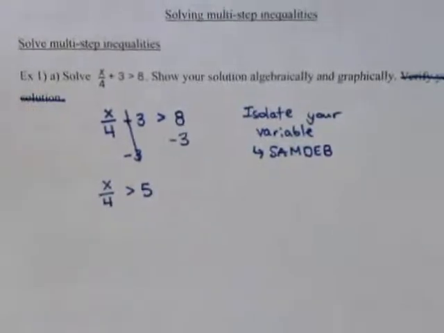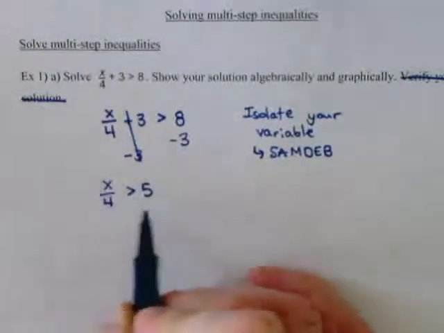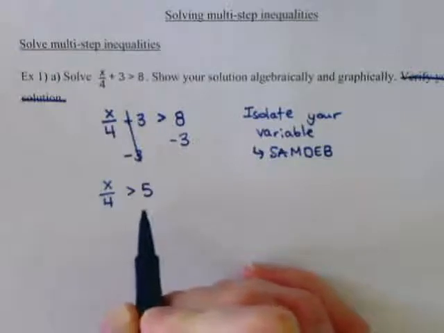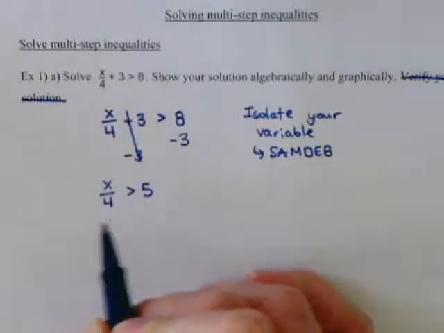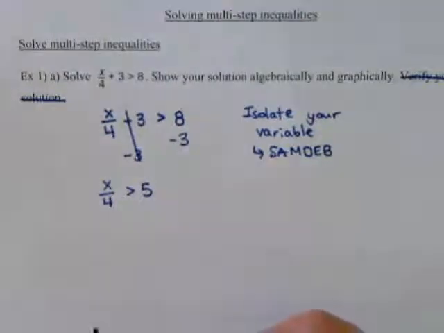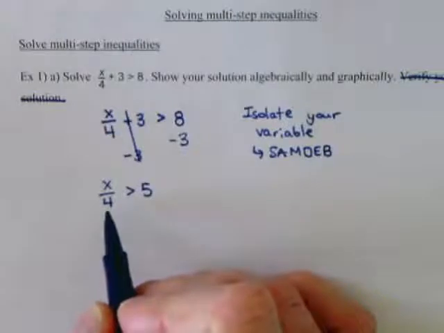Now, the very next part, we have x divided by 4. And this, ladies and gentlemen, is a one-step linear inequality. This is the kind of thing that we've already seen in the previous lesson. But just to go over it again, x divided by 4, what's the opposite operation of a division? Well, it's a multiplication.